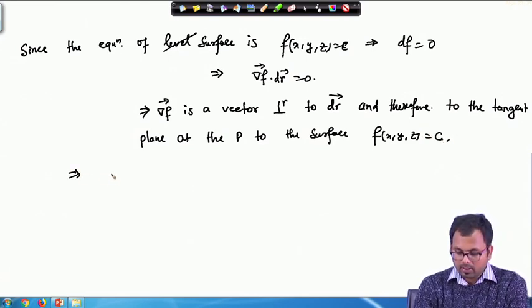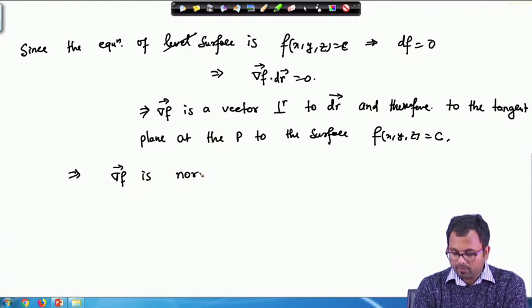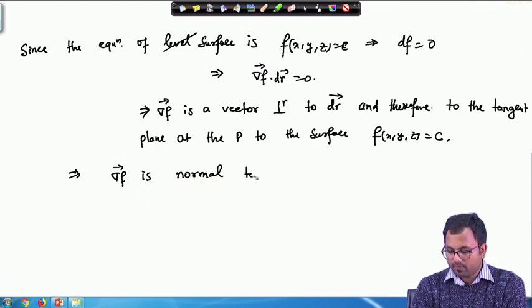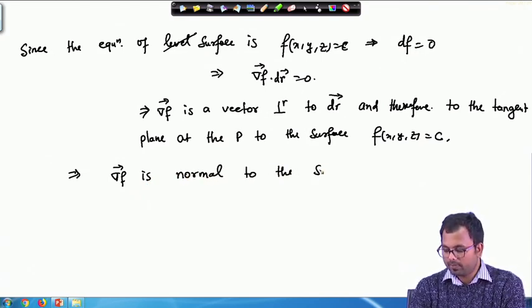And this implies that the gradient of f is normal to the surface f(x, y, z) equals c.